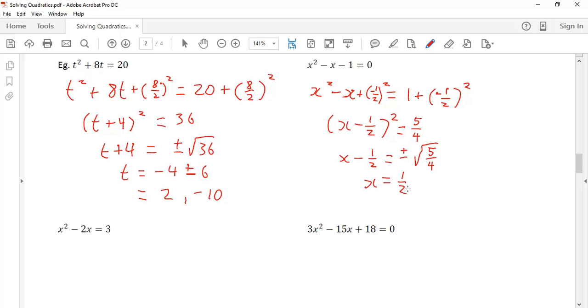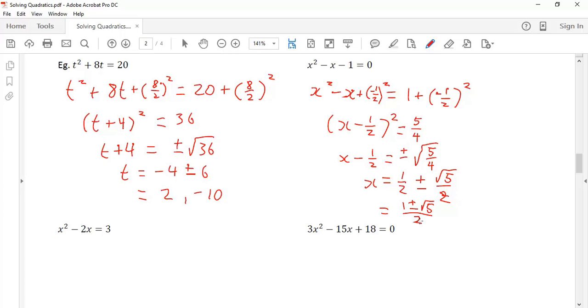Then the square root 5 doesn't simplify, so we just leave it as square root 5 on top. But then we know that the square root of 4 is just 2. So if they wanted us to leave this in exact form, I'd put 1 plus or minus root 5 all over 2. But remember, they can ask you for decimal, so make sure you read the question.